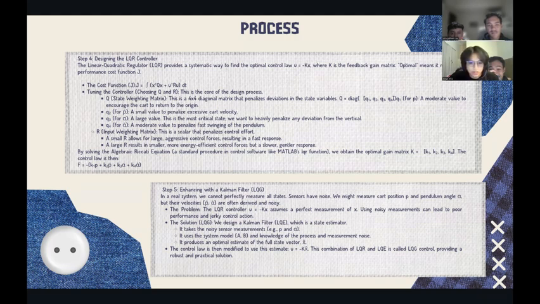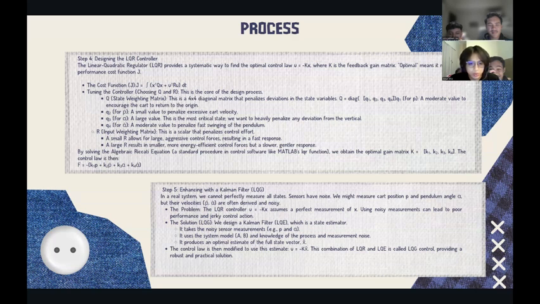Okay, now step 5, enhancing with a Kalman filter, or LQG. In a real system, we cannot perfectly measure all states. Sensors have noise. We might measure cart position p and pendulum angle a, but their velocities are often derived and noisy. The problem: the LQR controller u equals negative Kx assumes a perfect measurement of x. Using noisy measurements can lead to poor performance and jerky control action.